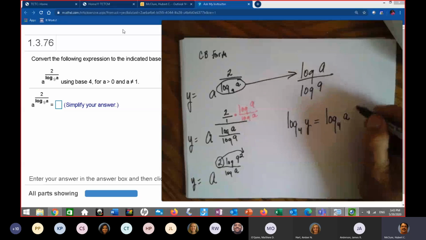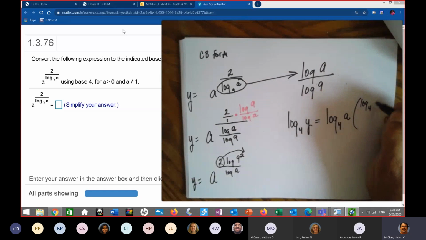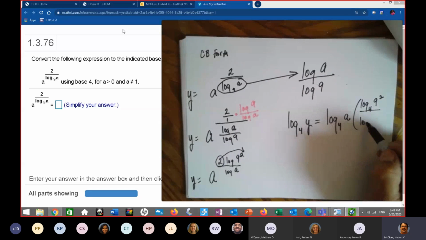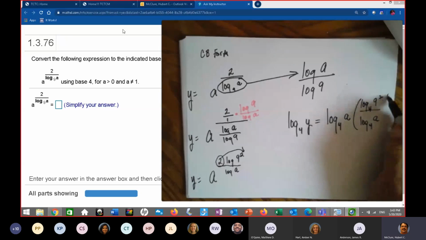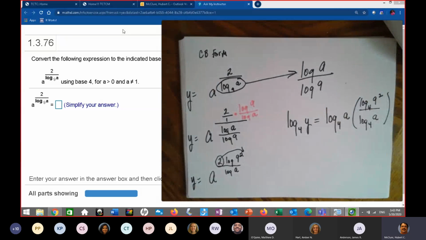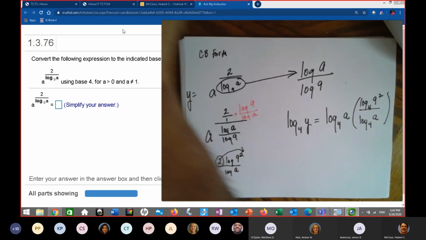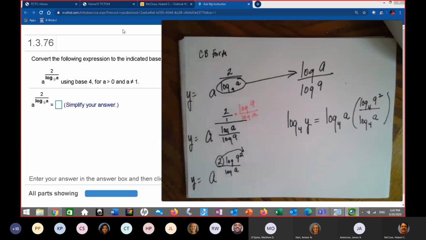So that's going to be log base 4 of 9 squared over log base 4 of A. And somebody tell me what happens to the log base 4s of A's. They cancel.